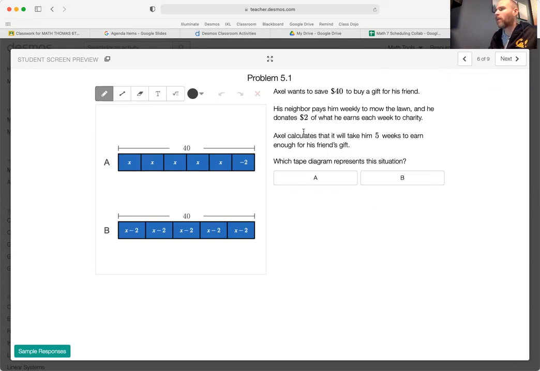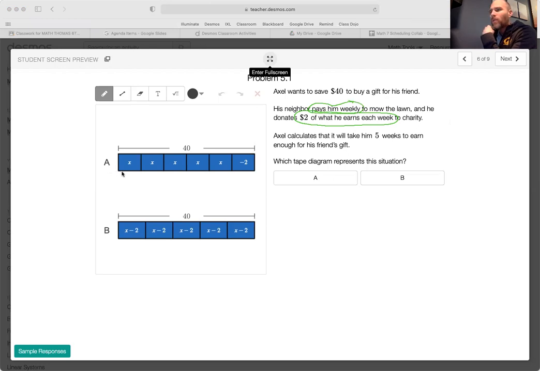So I think the main thing that's happening here is this: $2 of what he earns each week. Because his neighbor pays him each week, right? Pays him weekly.